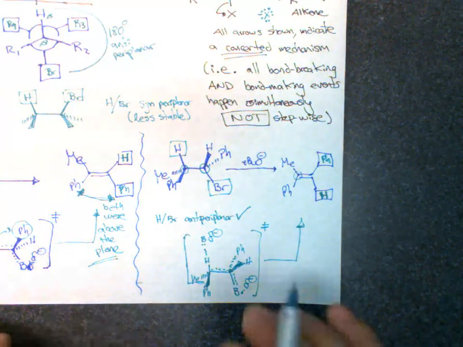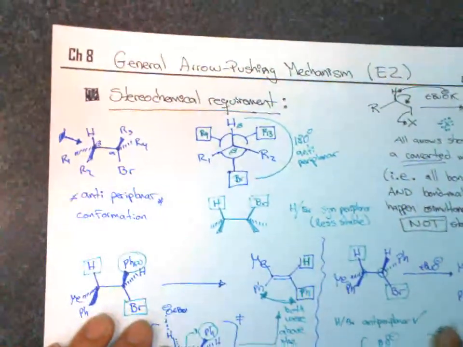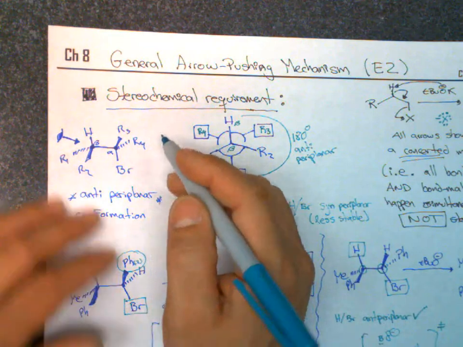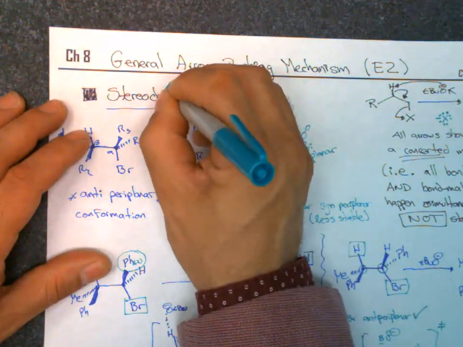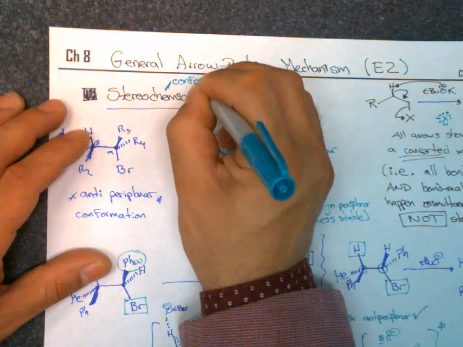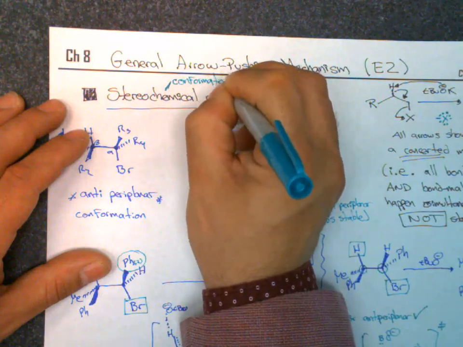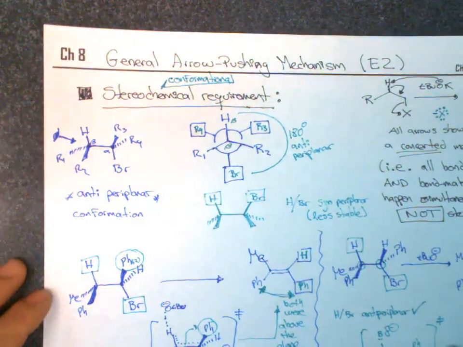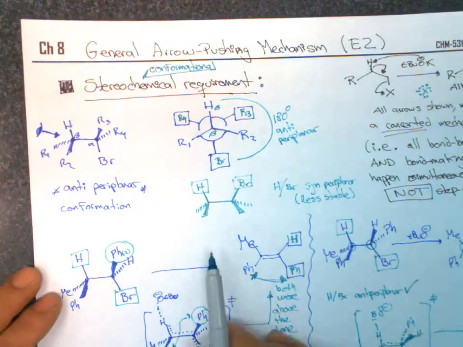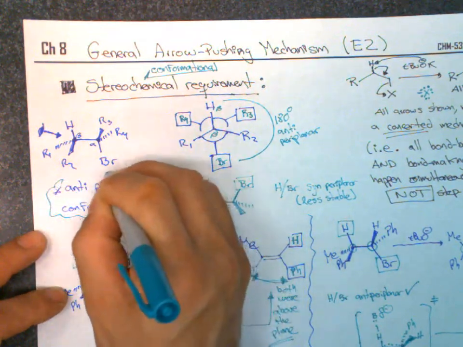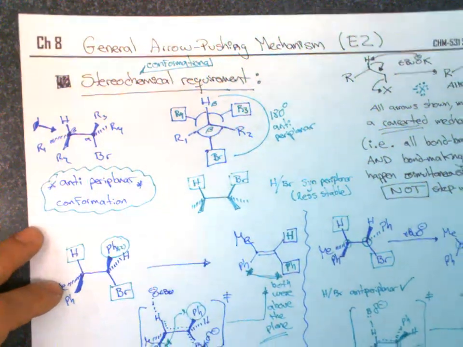But the requirement remains. This stereochemical requirement, or if you want, conformational requirement, probably is a better way to depict it. The conformational requirement of anti-periplanar groups is the reason why the E2 reaction is stereoselective.